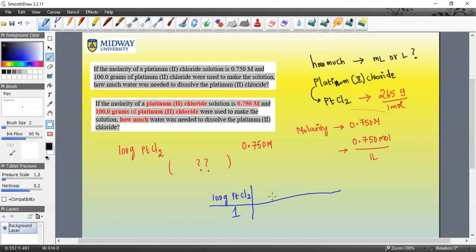To get rid of the grams, as I said, you need to use the molar mass. And which goes where? Well, the 1 mole obviously goes at the top because we don't want the grams. So the 265 grams goes on the bottom. Let's go get our handy pink pen, so that we can cancel out our grams.